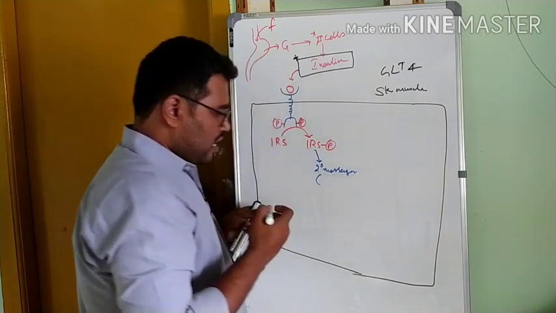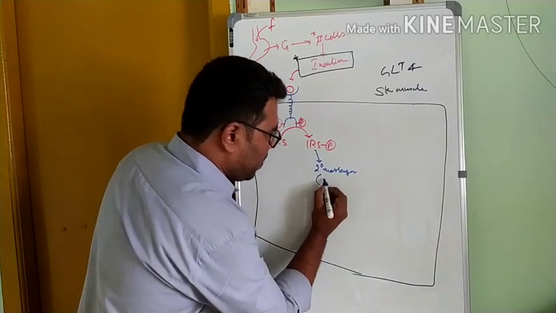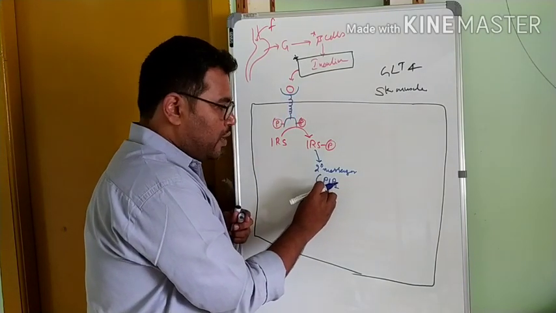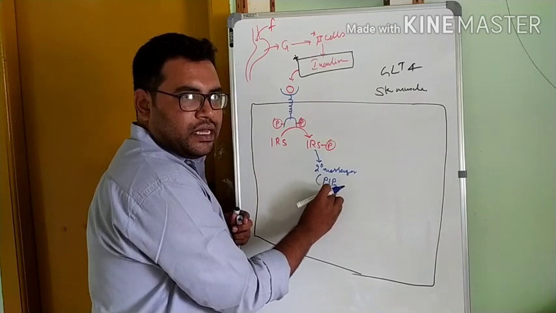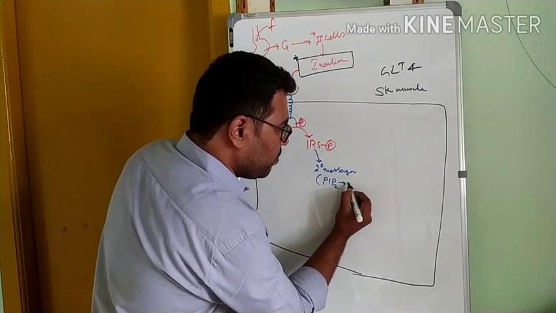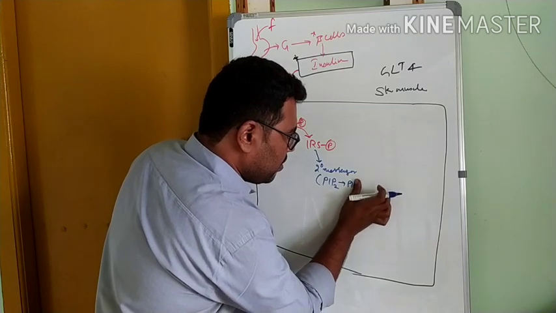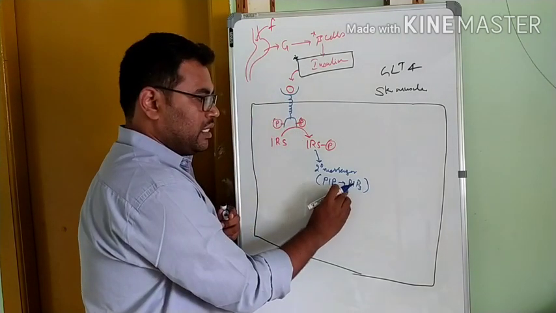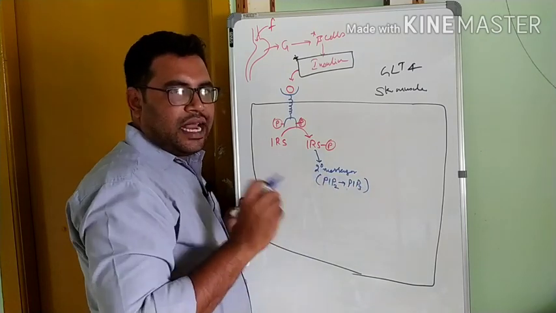Here we say those secondary messengers are PIP2, phosphatidyl inositol bisphosphate, which will convert into PIP3, phosphatidyl inositol triphosphate.